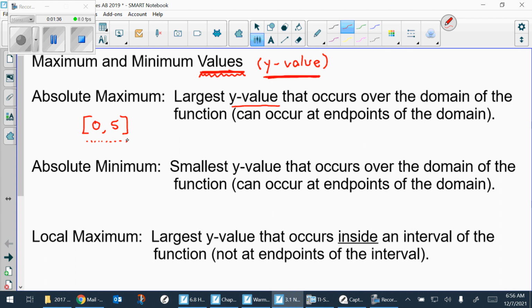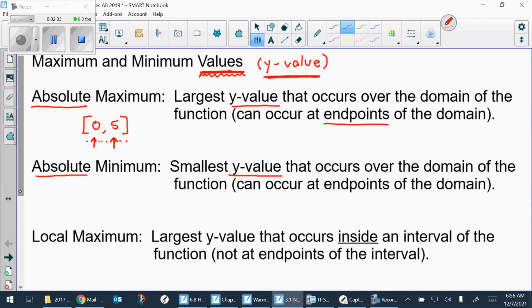And keep in mind, when we're talking about absolute, those absolute maximums or minimums can occur at the endpoints of the interval. They might occur at 0. It might occur at 5. So we're looking for the biggest y value. And absolute minimum value, well, that's the smallest y value that occurs.